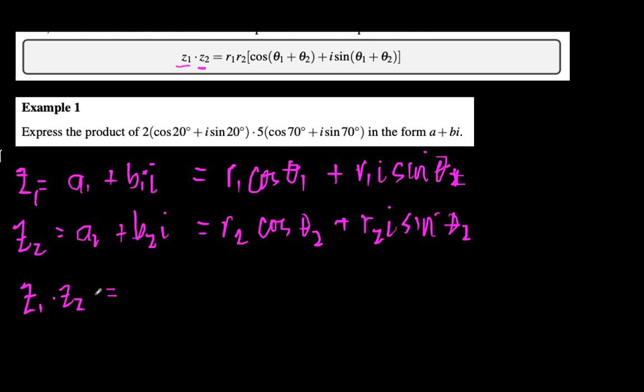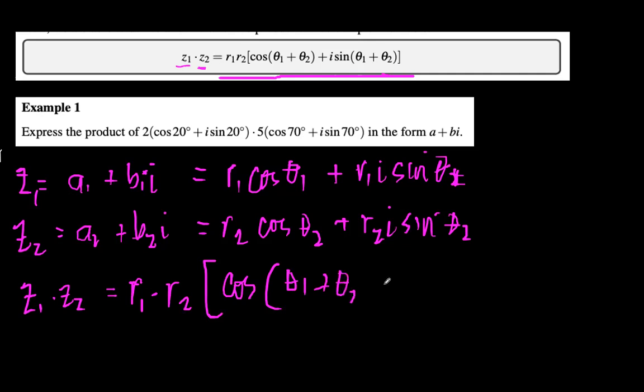Okay? And how do we multiply this? Ito lang yung formula na gagamitin natin. So we are multiplying the radius, so that's R1 times R2. And then yung cosine na to, kopyahin lang natin, tapos i-add natin yung angle measures nila: theta 1 plus theta 2, plus I. Siyempre, I na siya, di ba? And then eto naman na sine, kukopyahin lang natin, pero yung angles natin ay i-add natin dalawa.